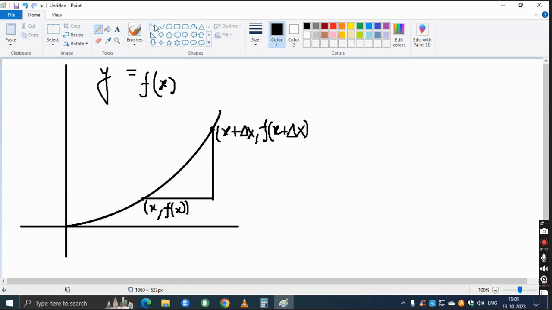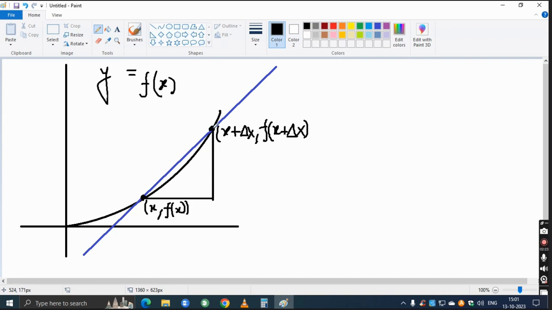Now if I ask you to find the average rate of change of y with respect to x, that is the average rate of change of f of x with respect to x, that's just going to be the slope of the secant line.